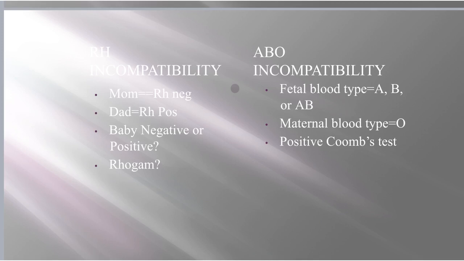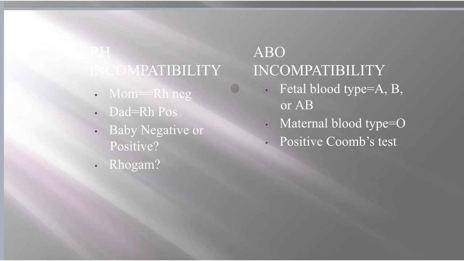If that baby ends up being RH negative, there's no problem. Everything's good. But the next pregnancy, mom will get RhoGAM again. If the baby is positive, mom will form those antibodies against those fetal cells. And then in further pregnancies, we will have lysis of red blood cells. Fetal erythrocytes become destroyed by the mom's antibodies because she's negative. She's fighting off those positives, and those babies could die.